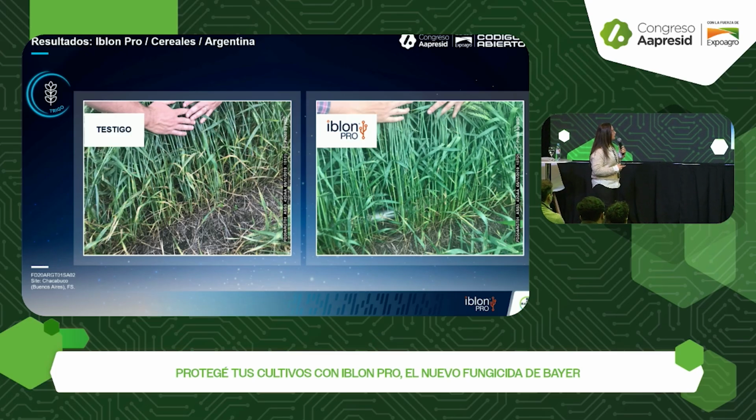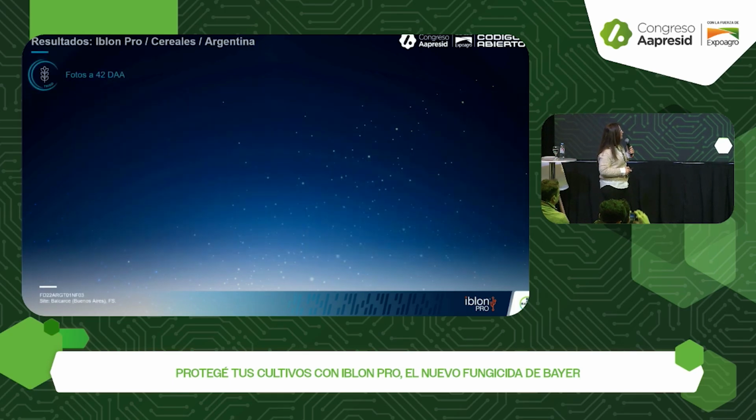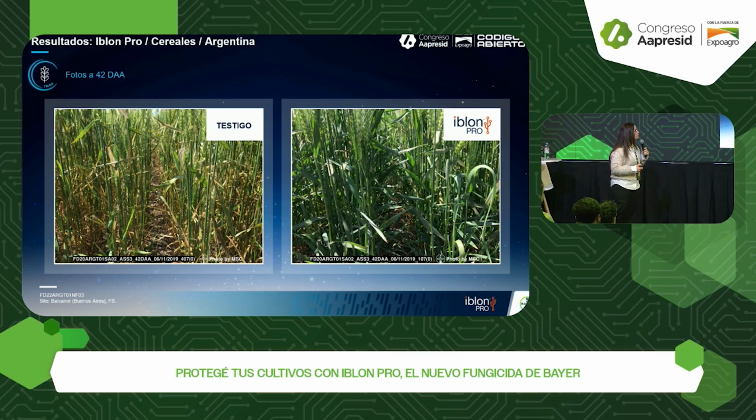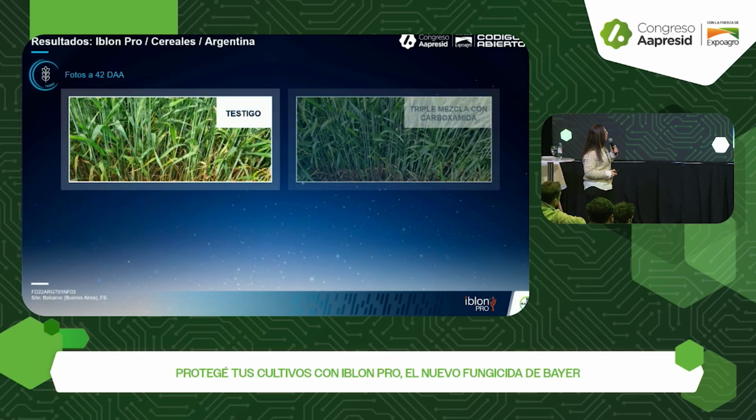This is wheat crops. We have the check stand, and next to it the plants treated with Iblon Pro. We can see it in the next image, also in wheat crops on this occasion in the city of Balcarce. Notice the difference between the check stand and this green effect in the plants treated with Iblon Pro.